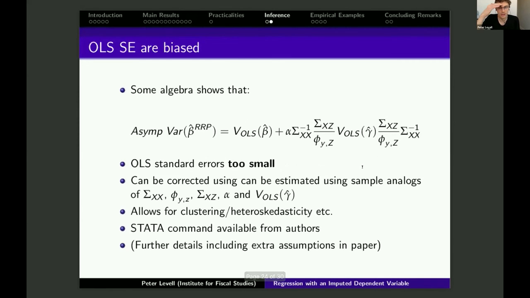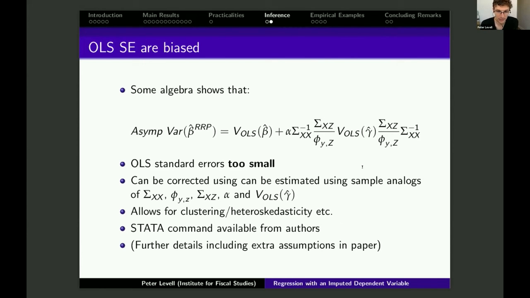Without going into too much detail of the algebra, this is the expression for how you should correct standard errors. The key point to take away here is that the OLS standard errors will be too small. If you just naively take your imputed variable and regress it on X, you will get standard errors that are too small.